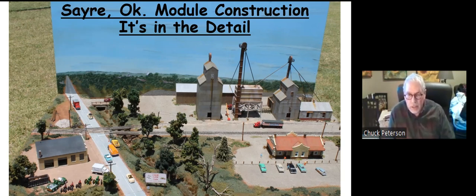Our first goal was to try and figure out what it is that we would like to model. Walthers had several different offerings. You had to utilize some of their buildings in the module. We took a look at all those, and one of the guys said, hey, let's do Sayre, Oklahoma. I personally thought, okay, Sayre, Oklahoma, that sounds exciting.